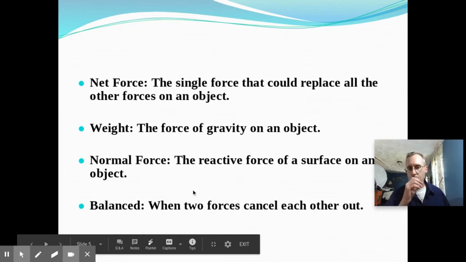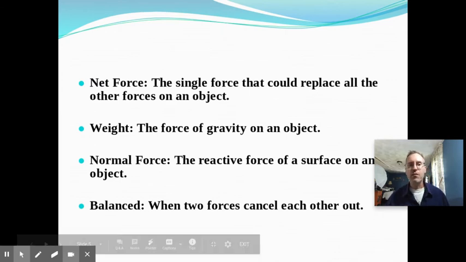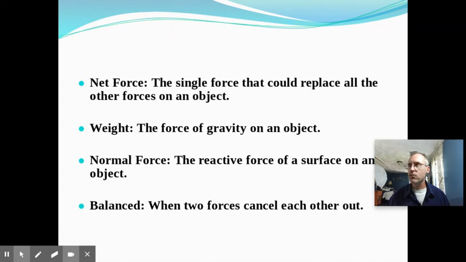Okay. I want to talk about the concept of a net force. A net force is, you can see the definition there, a single force that could replace all other forces on an object. So for example, if I'm pushing on something to my left with 4 pounds of force, and at the same time I'm pushing back with only 3 pounds of force, I have a net force of 1 pound to the left.